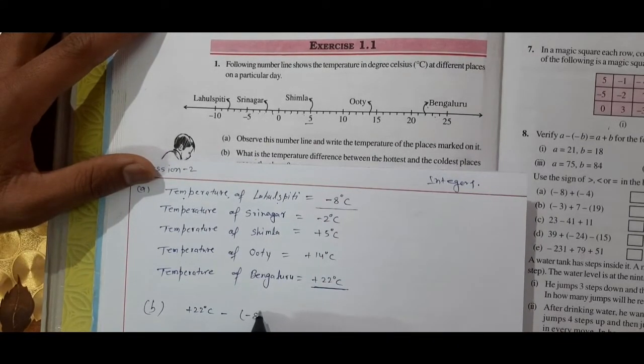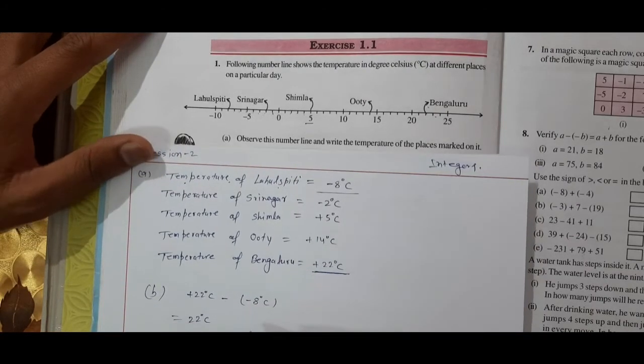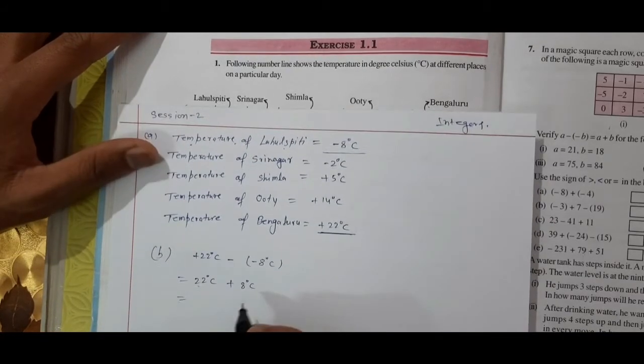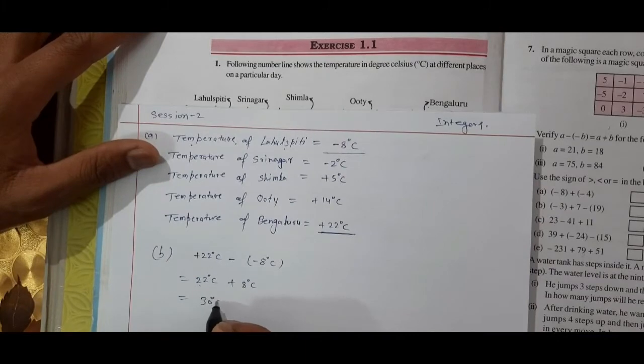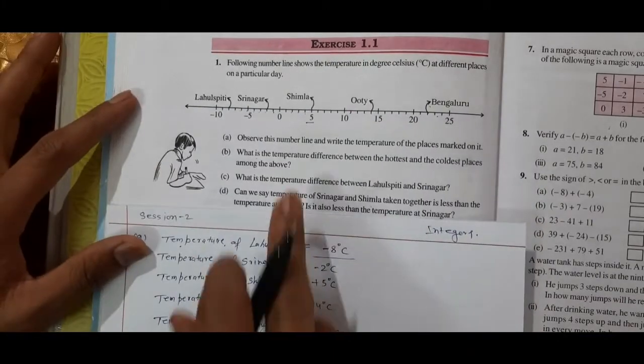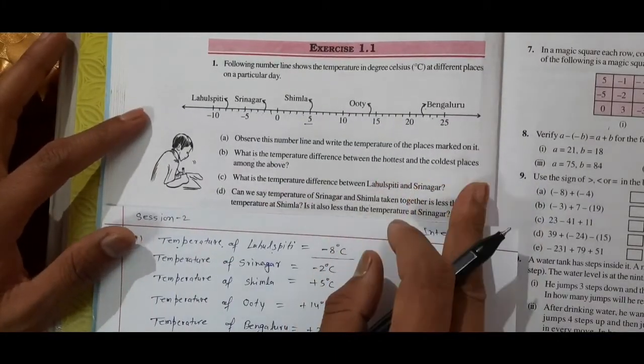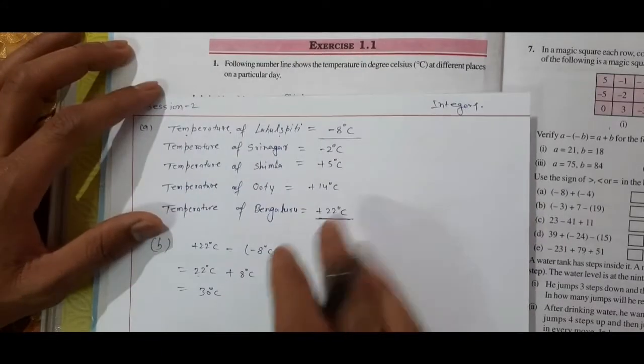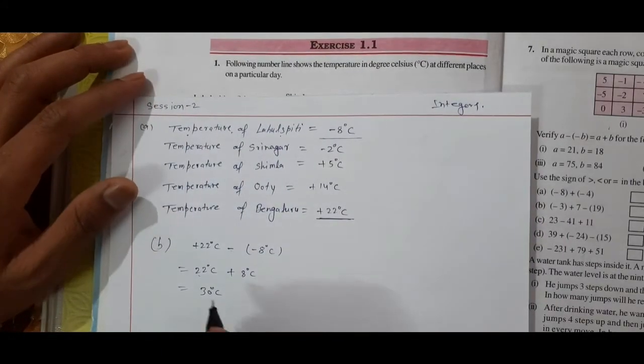Then 22 degree Celsius minus minus 8 degree Celsius, minus minus plus, then plus 8 degree Celsius. 22 plus 8 is 30 degree Celsius. Therefore, the difference between the hottest and coldest place is 30 degree Celsius.